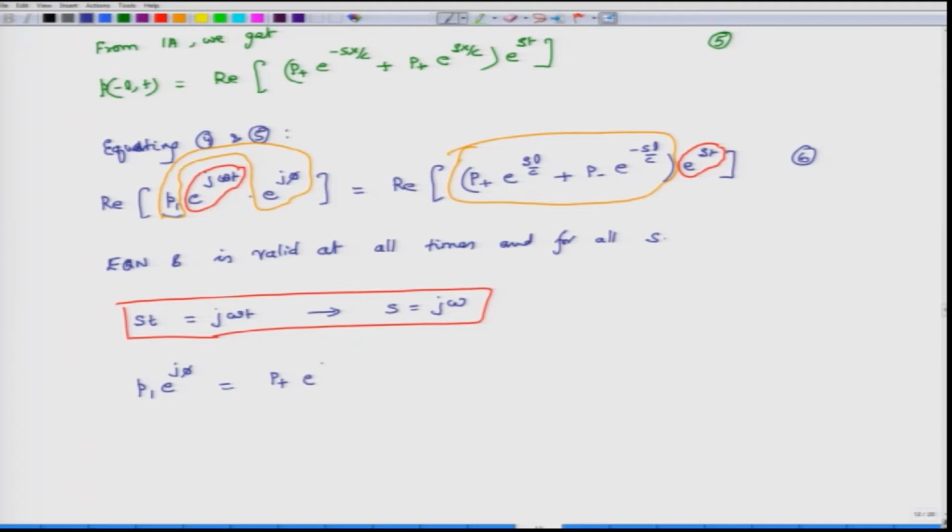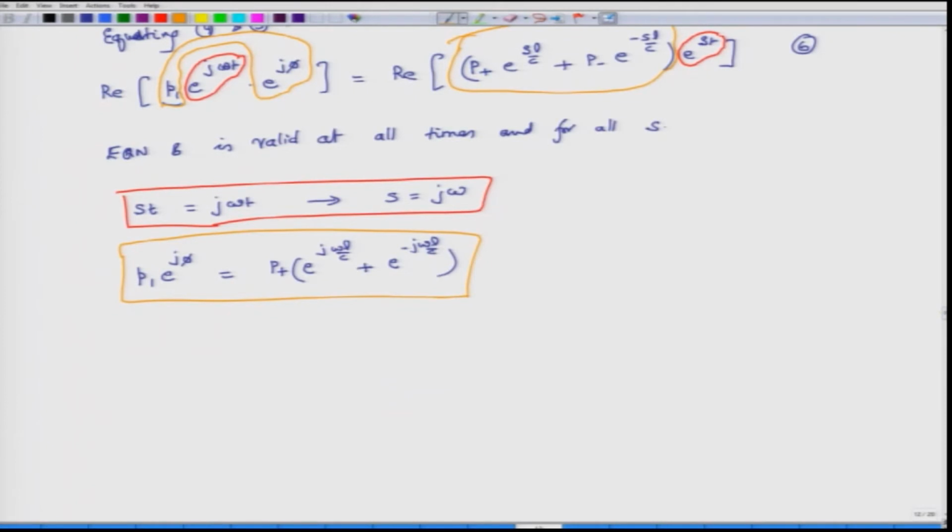So, e to the power of j omega L over c plus e to the power of minus j omega L over c, this thing. Okay. So, I am getting this because I am equating terms indicated in orange.